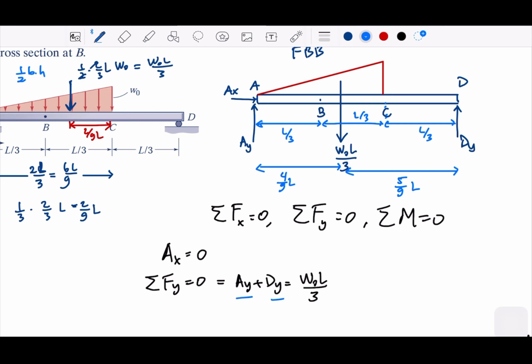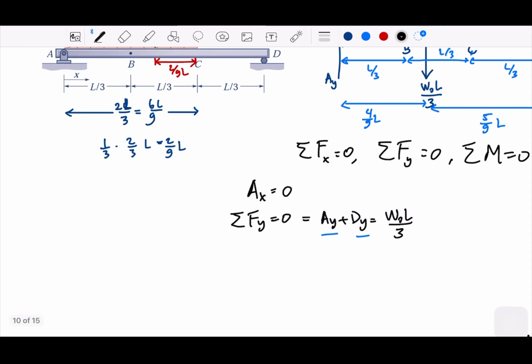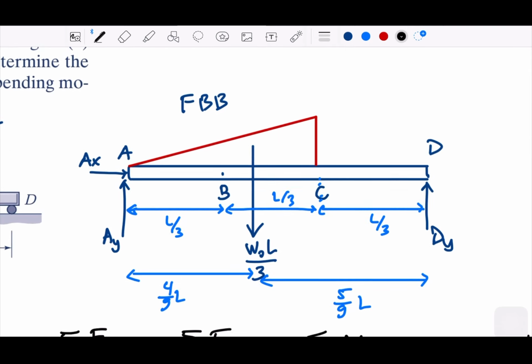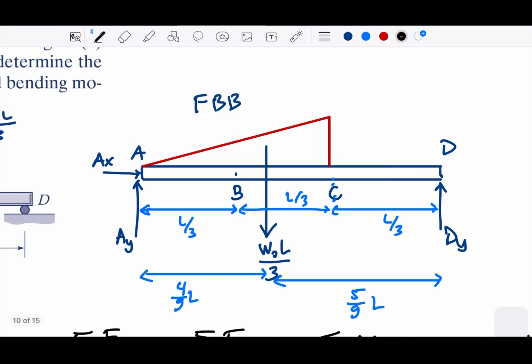That's the question, actually. So we could take the equilibrium of beam AD. Let's take the sigma moment. If we take this beam, we could take sigma moment at D or sigma moment at A. So let's try both to find the AY and DY.